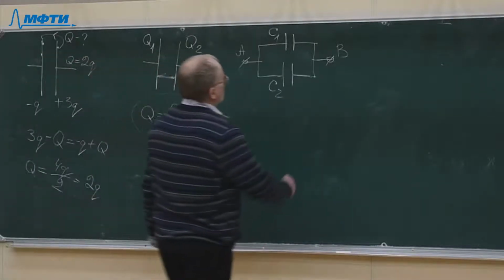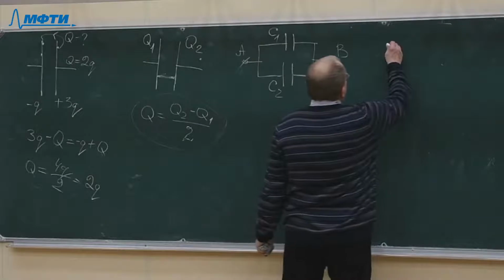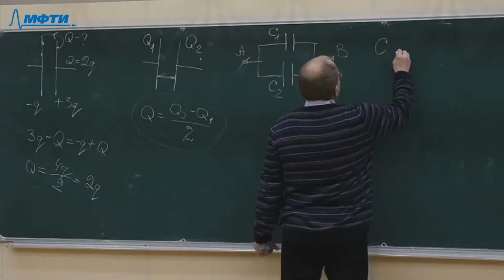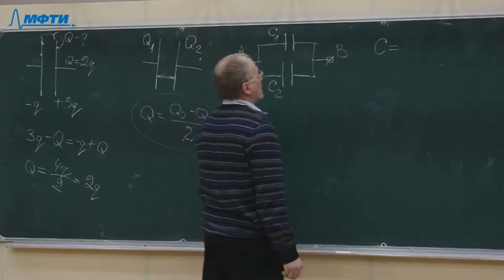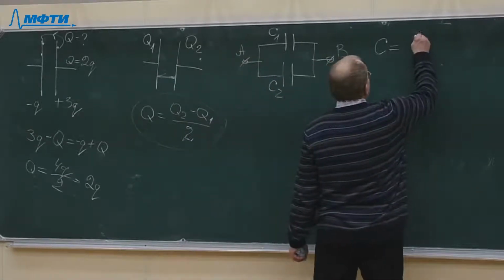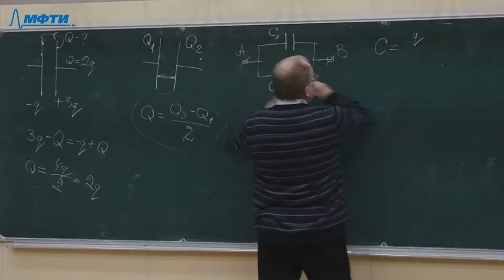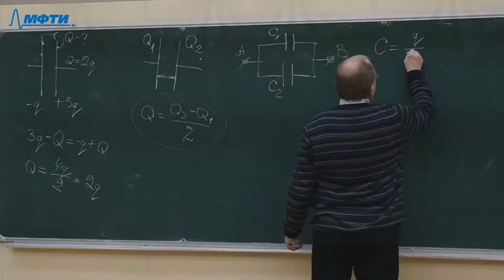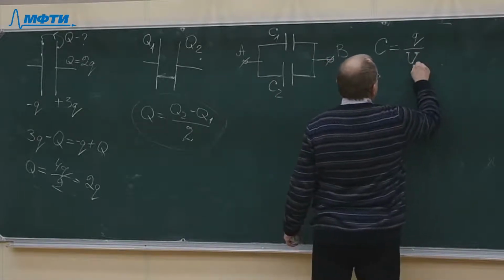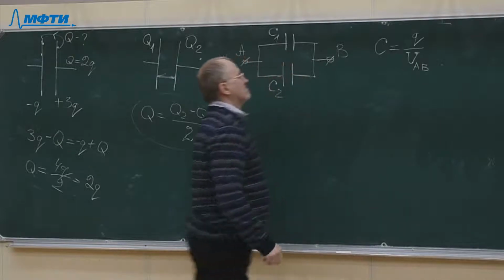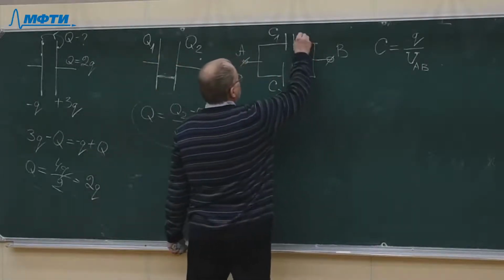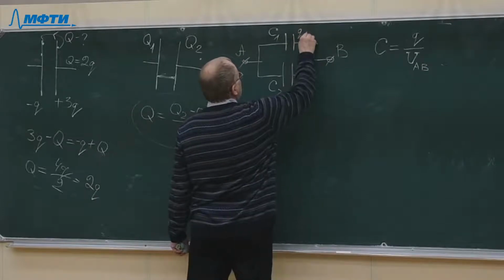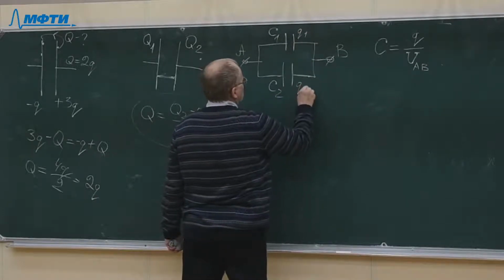Well, we recall the definition of capacitance. Total capacitance will be equal to the total charge accumulated here divided by the voltage between points A and B. And the total charge can easily be assessed if we know the charge on the first capacitor and the charge on the second capacitor.